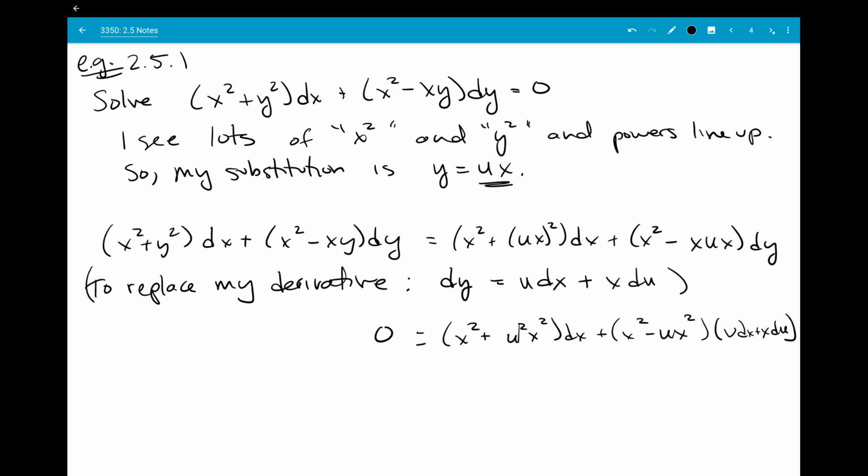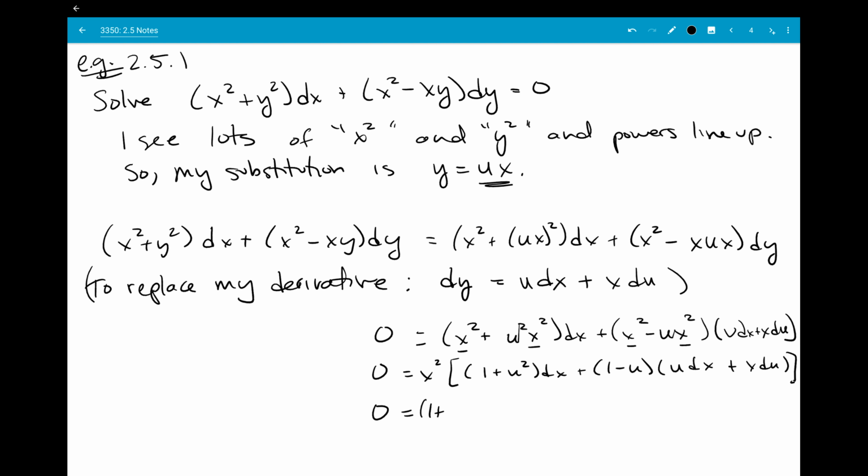All of that should be equal to 0 because that's what my original differential equation used. And then I note that now I have this x squared term everywhere, so I can factor that out. I'm looking at (1 plus u squared) dx plus (1 minus u) times (u dx plus x du). And my x squared is going to cancel out because it's equal to 0. You imagine you just divide by x squared and it goes away.